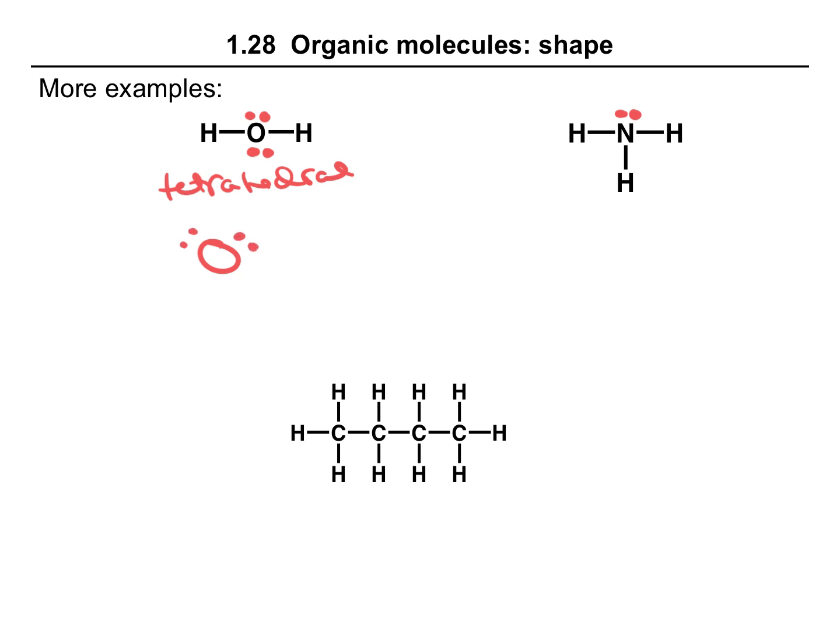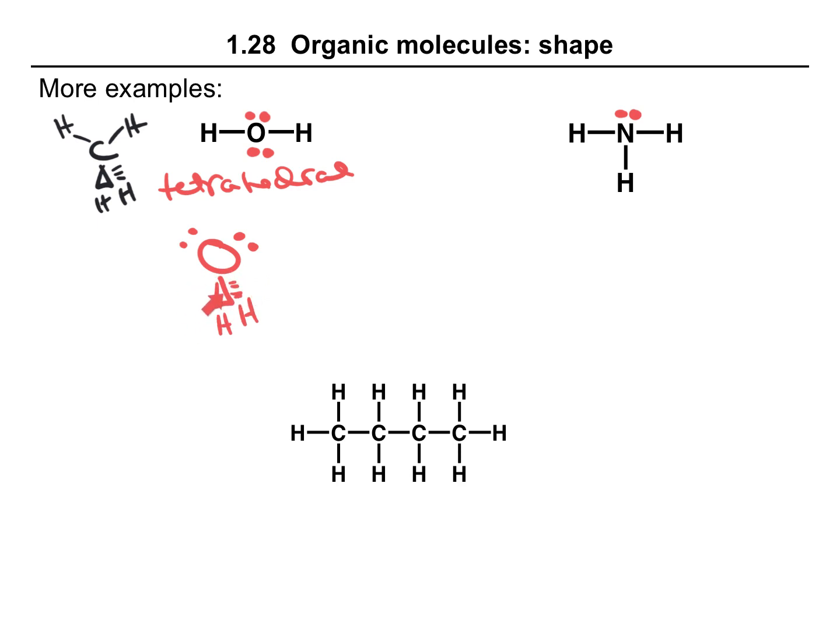So on the last slide, as I was drawing methane, I had 2 hydrogens in the same plane, 1 hydrogen forward, 1 hydrogen back. So now let's have our lone pairs in the plane. That means that our hydrogens will be pointing down, but one will be forward and one will be back.